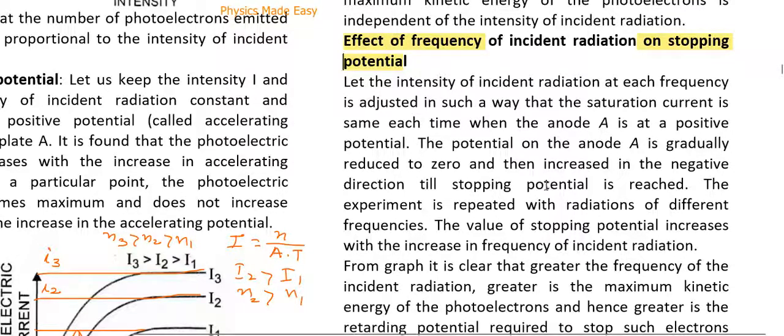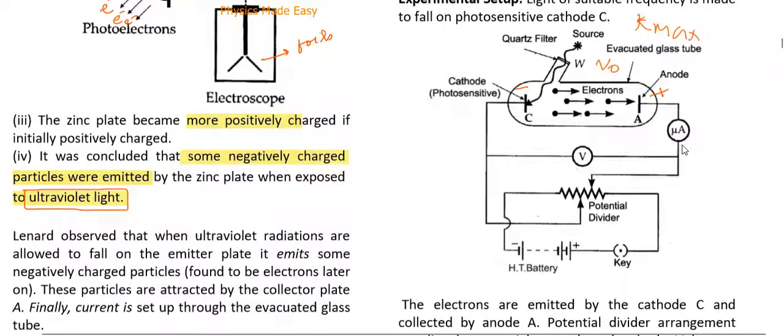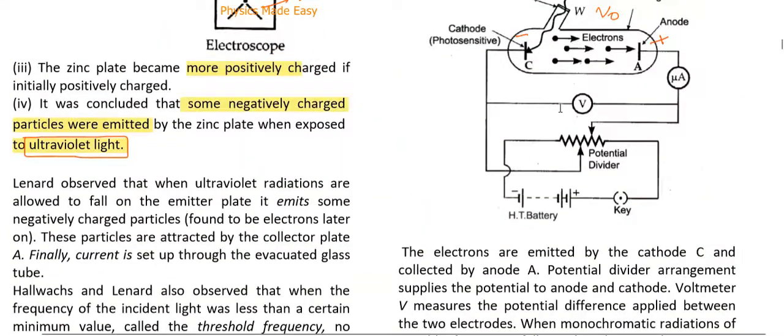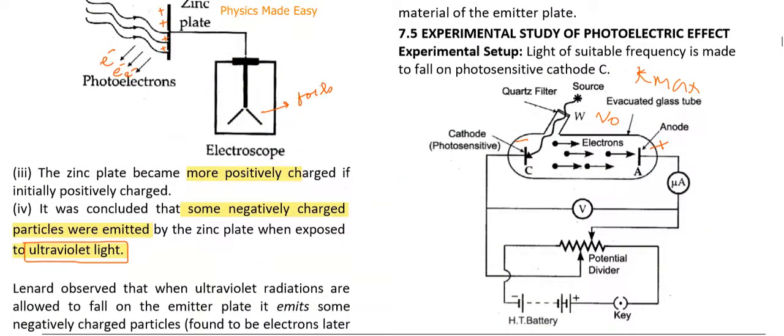So for this, from the experiment point of view, we will vary the value of electric potential as we have done in the previous case. But in this case, we will change the frequency of incident light, nu. So we will change the frequency in this case.